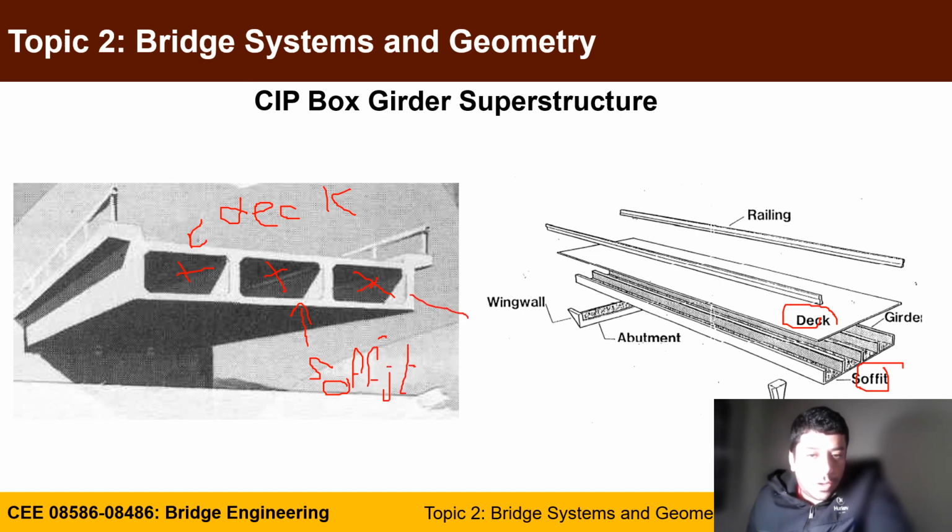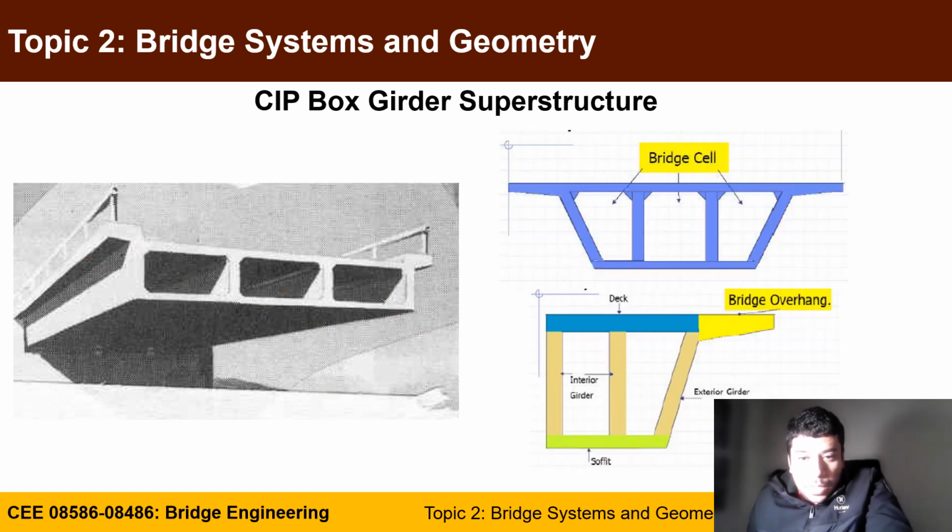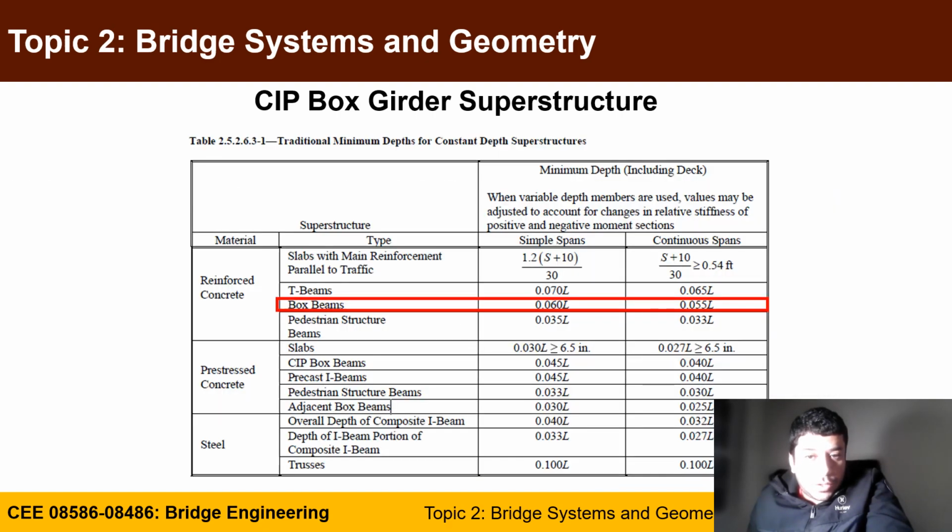The girders are called either interior or exterior girders, and you may have overhangs and railing systems. As you can see in this close-up, these are the cells. There is the bridge overhang, deck, soffit, interior girder, and exterior girders.